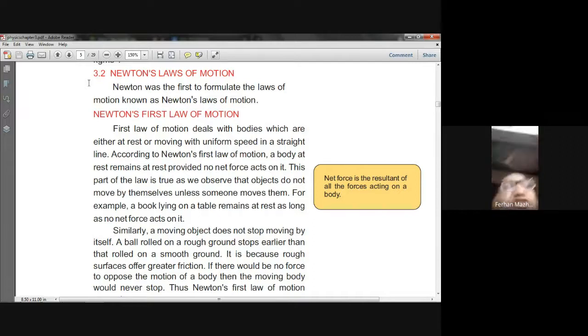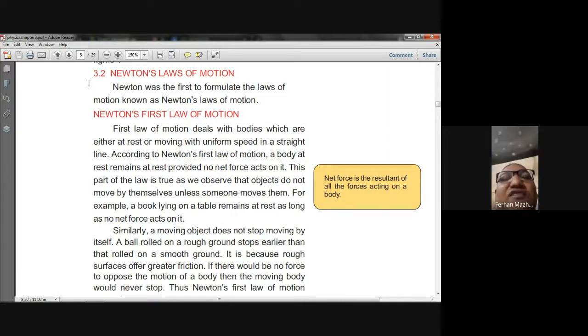Newton's first law of motion is very simple. Let me read it for you. The first law of motion deals with bodies which are either at rest or moving with uniform speed in a straight line. According to Newton's first law of motion, a body at rest remains at rest provided no net force acts on it.